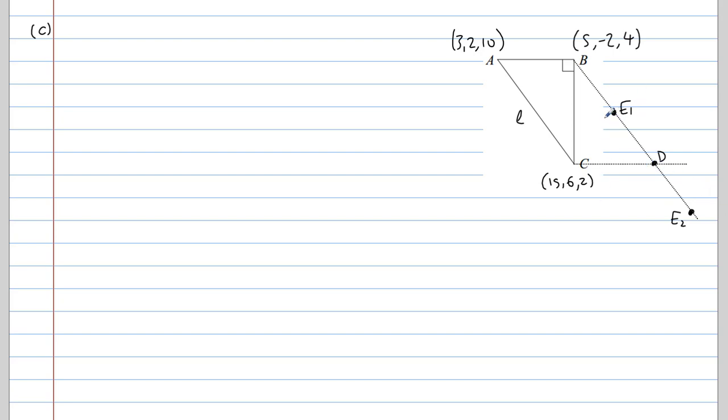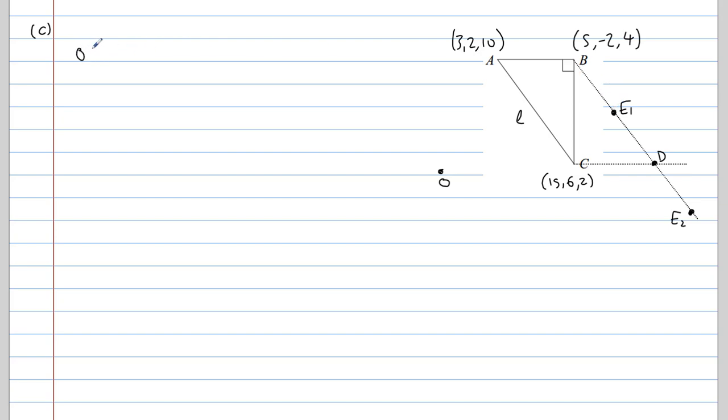So to get to E1, I'm going to start at the origin, travel to B, which I know the coordinates of, and then travel along this line from B to E. Now the only point I know on this line at present is B, so I don't know E or D, but what I do know is that it's parallel to this line here, AC. So to get the vector BE1, all we need to do is take the vector AC and multiply it by half, because this vector here is half the length of it.